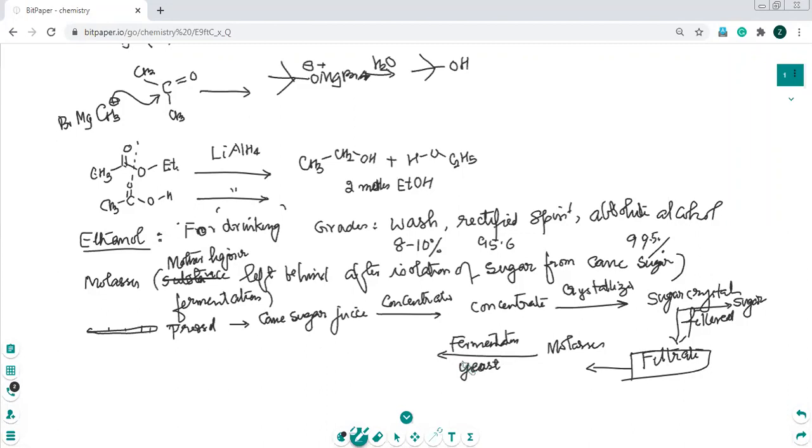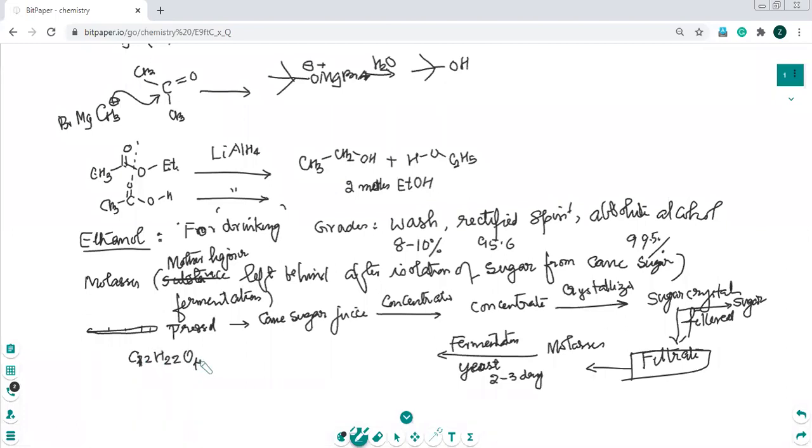You know what is yeast? So you add yeast, and the fermentation is done for 2 to 3 days. So what is the chemical reaction? You have the cane sugar, which is C12H22O11.